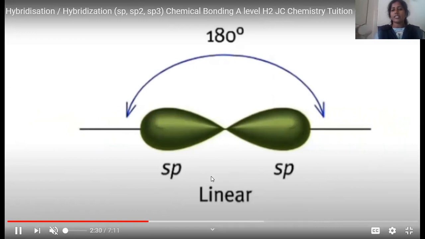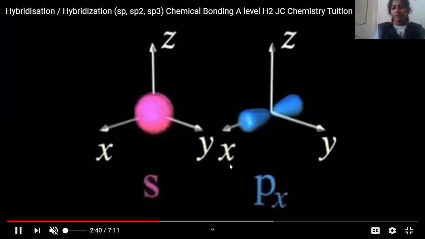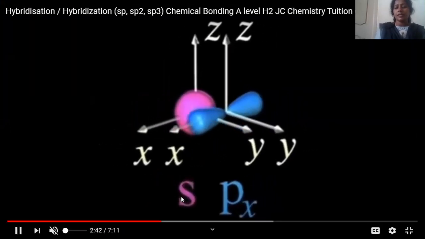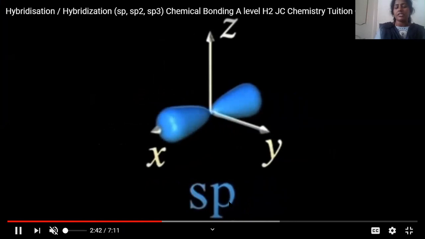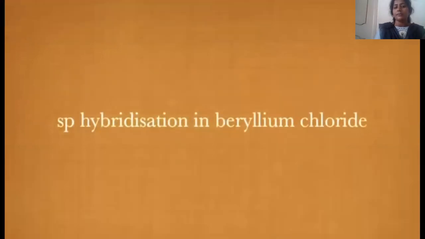Very simple. Mixing of s orbital and 1 p orbital is possible. Both are mixing together and linear structure with sp hybridization is possible. S and px orbital get mixed. We are seeing a three-dimensional representation of sp hybridization here.